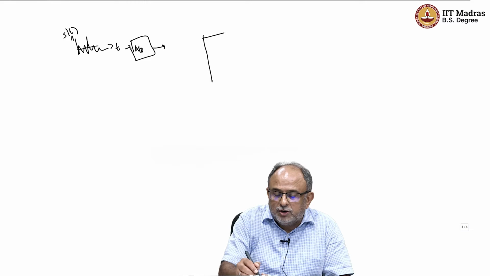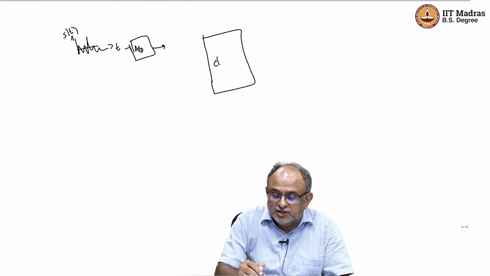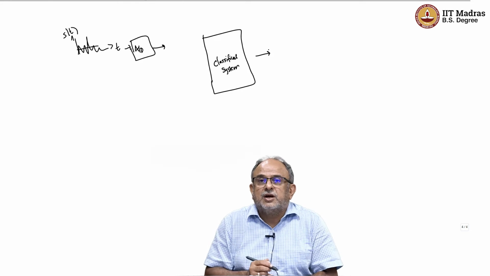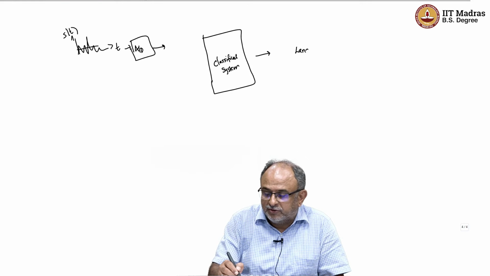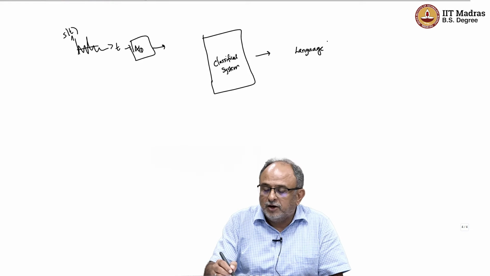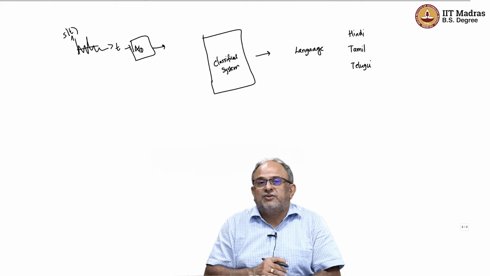Now, I want, given this, some big classification system which will tell me which language I have spoken in. Okay. So, language output. Given the speech signal, the desired output is that it should say Hindi or Tamil or Telugu and so on. This is what we desire to do.